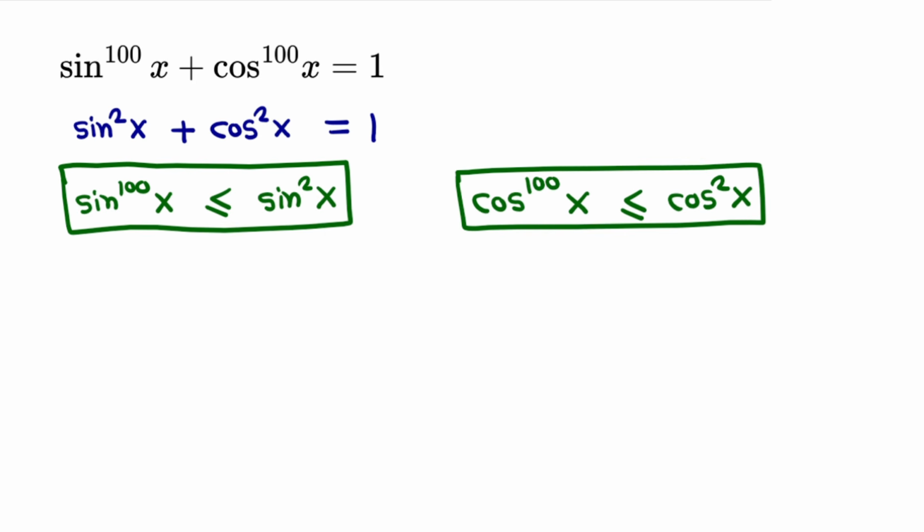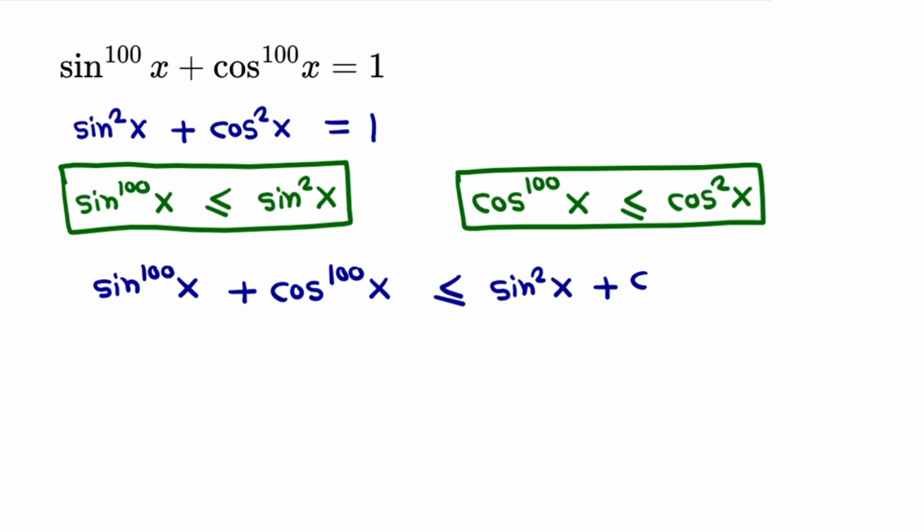Now, let's combine the two inequalities. On the left, we have sine of x raised to the 100th power plus cosine of x raised to the 100th power. On the right, we have sine squared of x plus cosine squared of x.